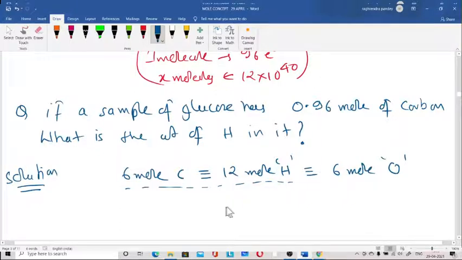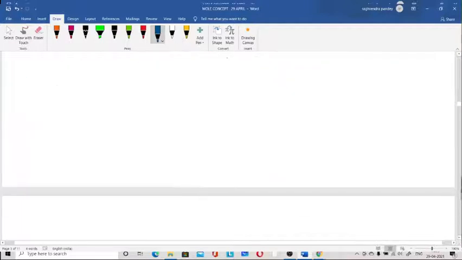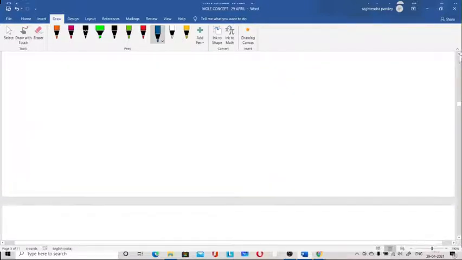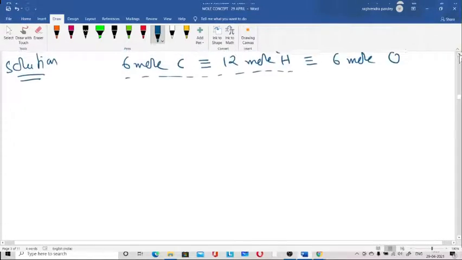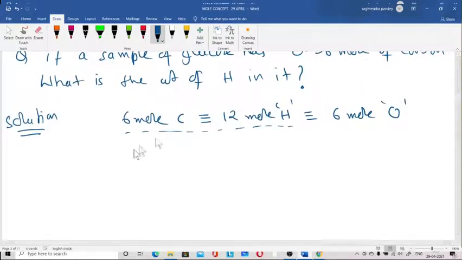Okay, this one, you can find the mole, then you can find the weight, or you can find the weight directly. In both ways you can calculate, no problem, depends upon you. So let's solve it. 6 mole carbon is equivalent to 12 mole of hydrogen.